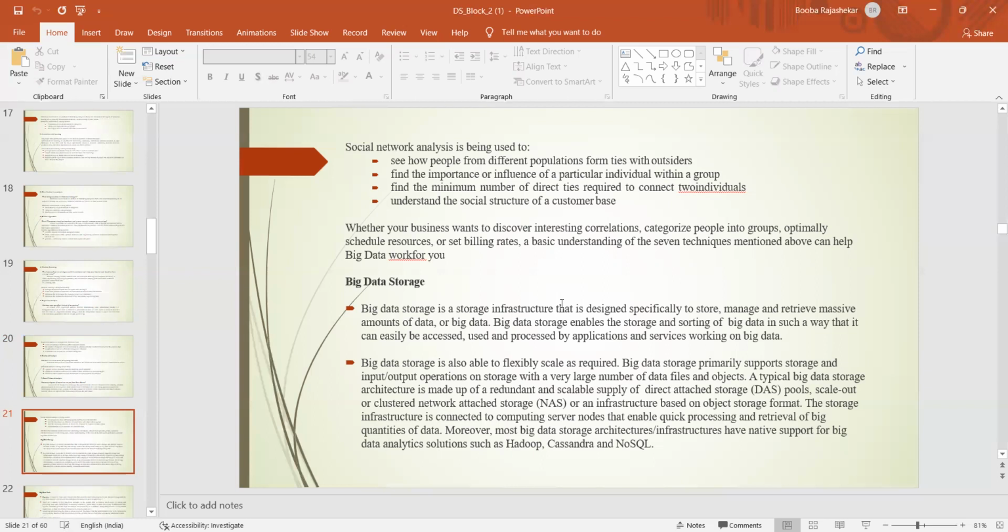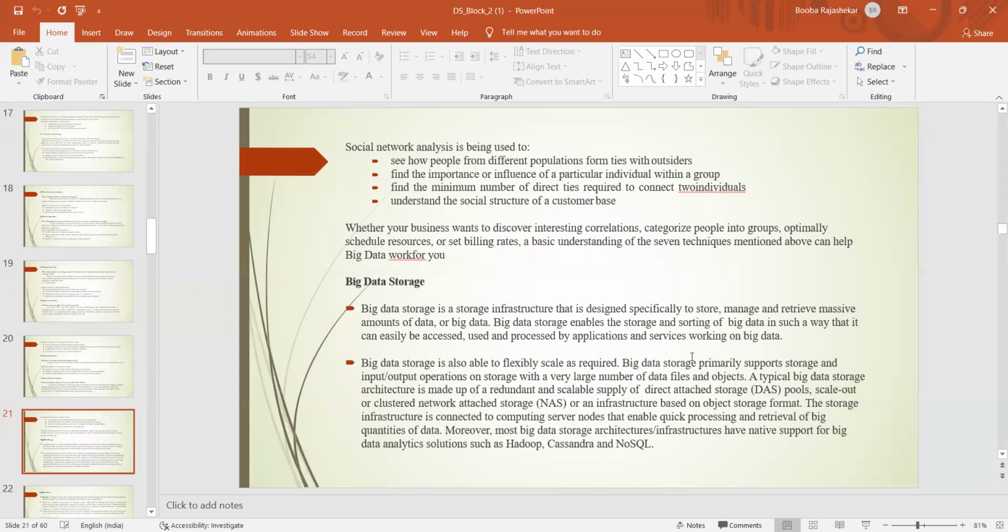Big data storage enables the storing of big data in such a way that it is easily accessed and used by applications and services working with big data. Big data storage is also able to scale flexibly as required. It primarily supports storage input and output operations with a very large amount of data, files and objects.